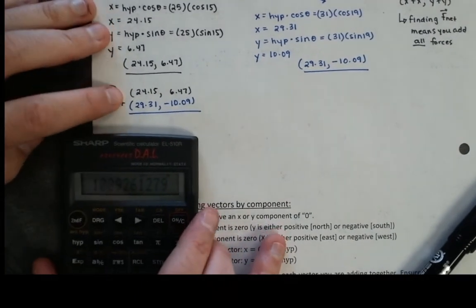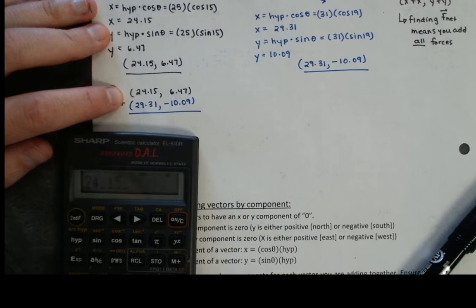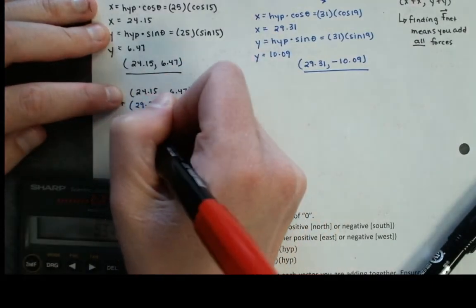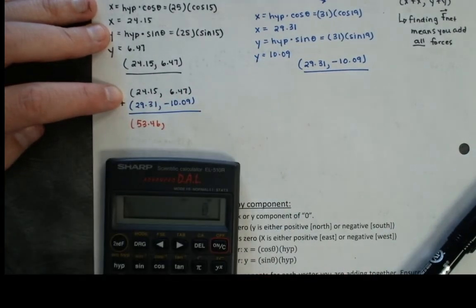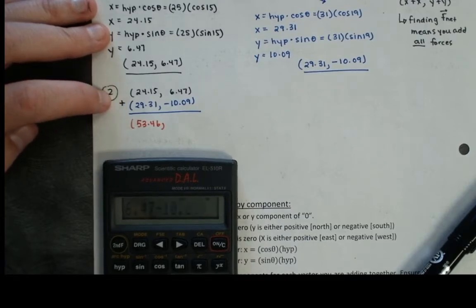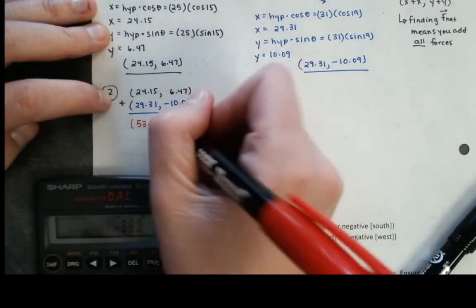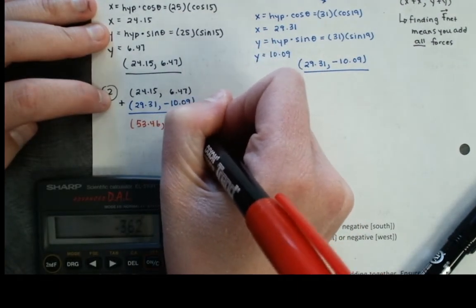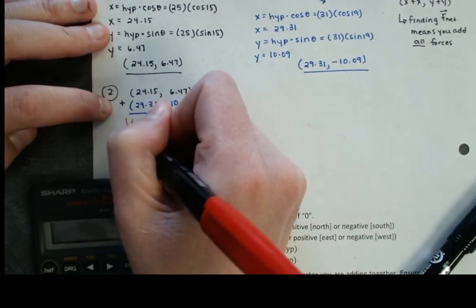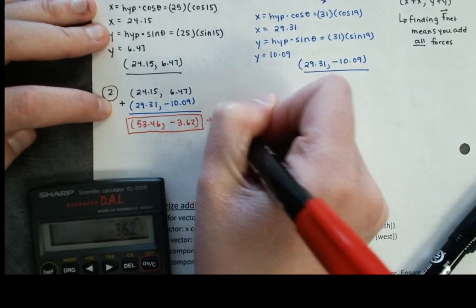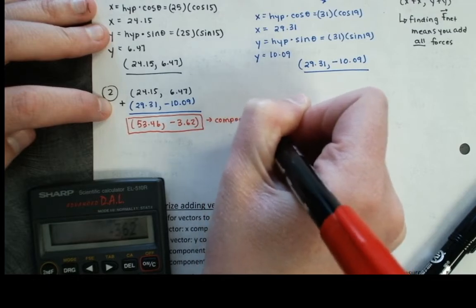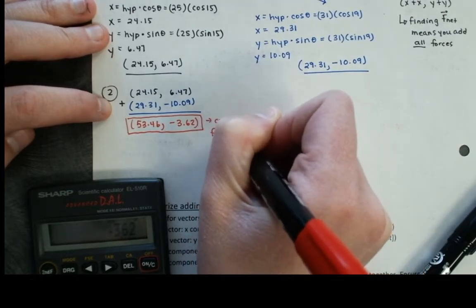So 24.15 plus 29.31 gives us an x of positive 53.46. 6.47 plus a negative is really just take away 10.09. So we get a y component of negative 3.62. So these are the components for overall force.